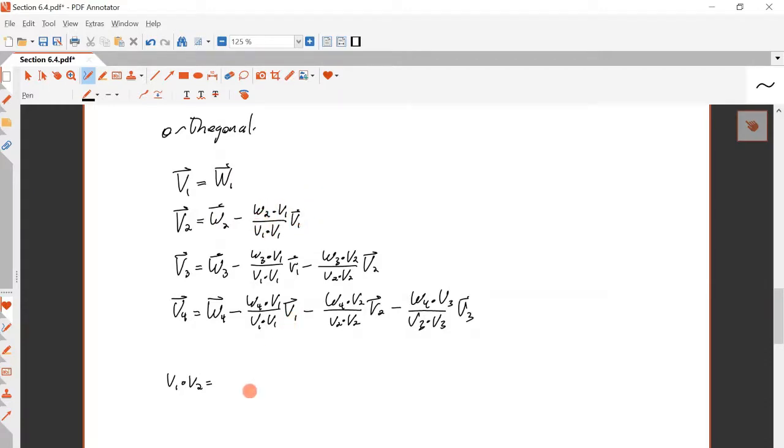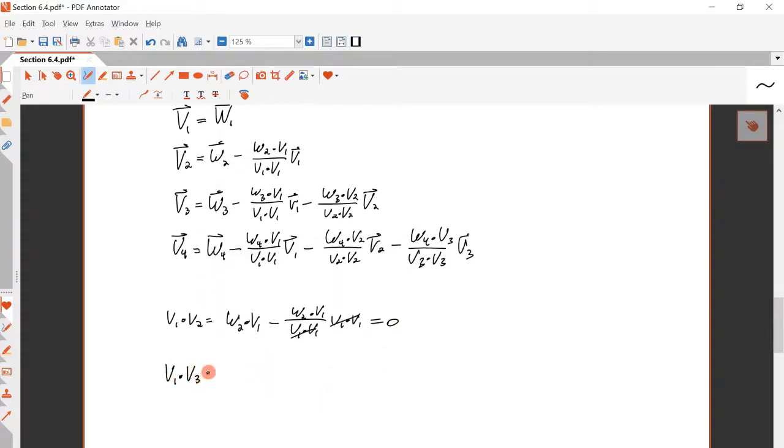So by distribution, V1 dot V2 is V1 dot W2 minus this constant times V1 dot V1, that is, minus W2 dot V1 over V1 dot V1 times V1 dot V1. These cancel, and I got W2 dot V1 minus W2 dot V1. That's 0.